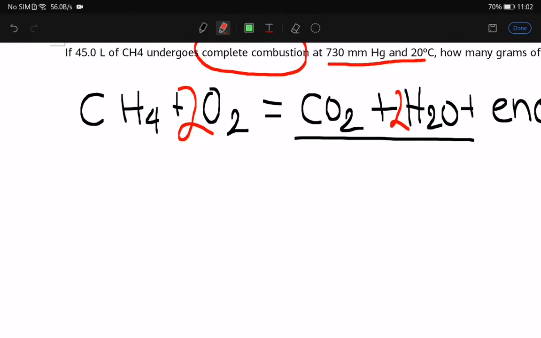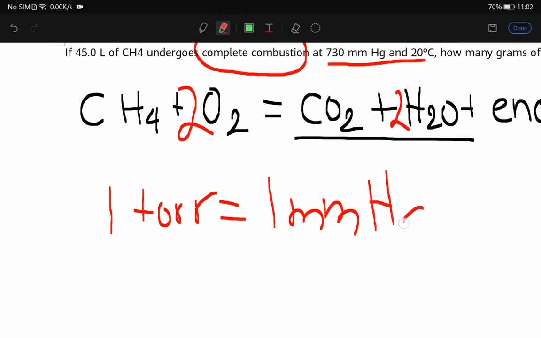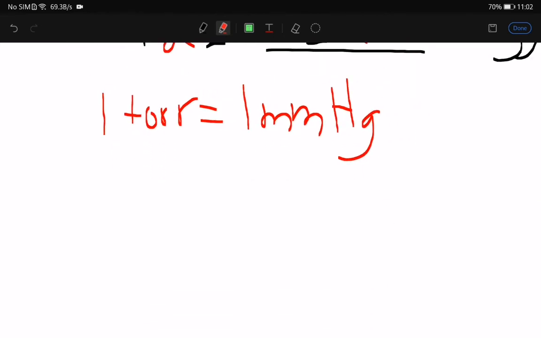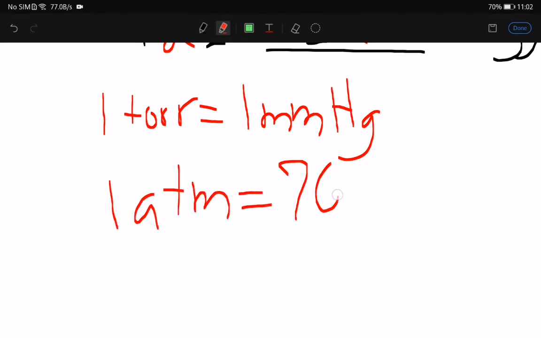ano yan, 1 torr is equal to 1 millimeter of mercury, and 1 atm is equal to 760 millimeters of mercury.